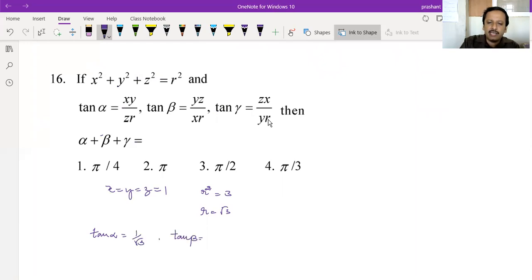Similarly, tan beta is also equal to 1 by root 3. Tan gamma is equal to 1 by root 3. So tan alpha is 1 by root 3, tan beta is 1 by root 3, tan gamma is 1 by root 3, which means alpha is equal to pi by 6, beta is also equal to pi by 6, and gamma will also be equal to pi by 6.